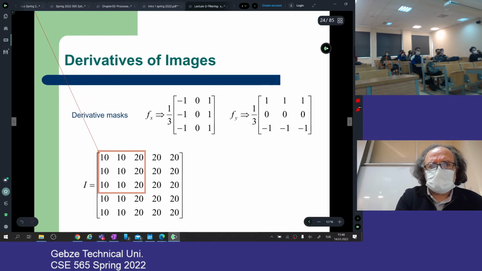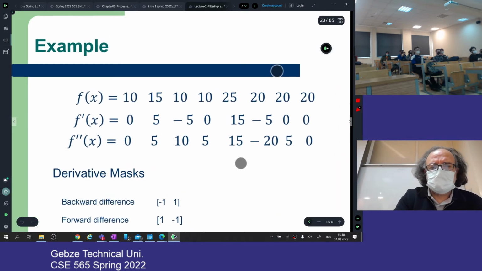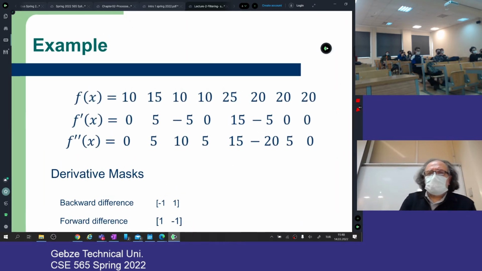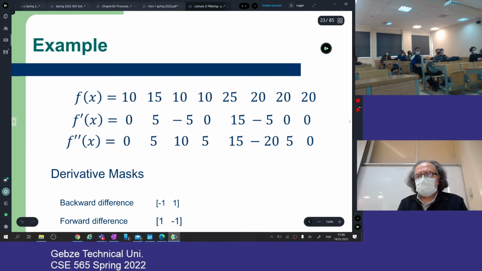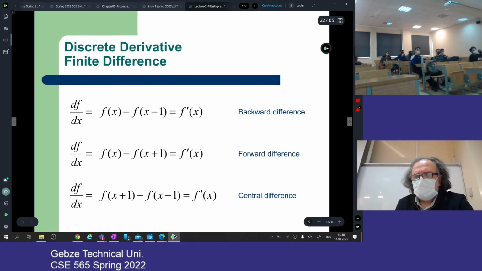If this is my one-dimensional discrete function, and I am going to take the derivative of it, am I doing the forward differentiation or the backward? Which one, backward or forward?